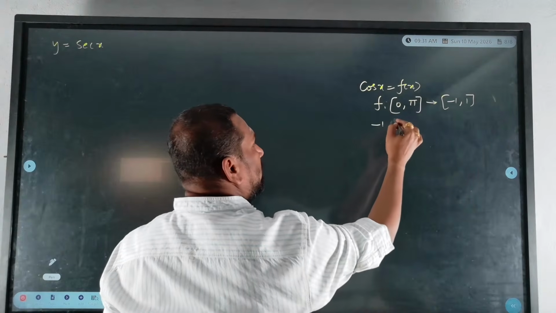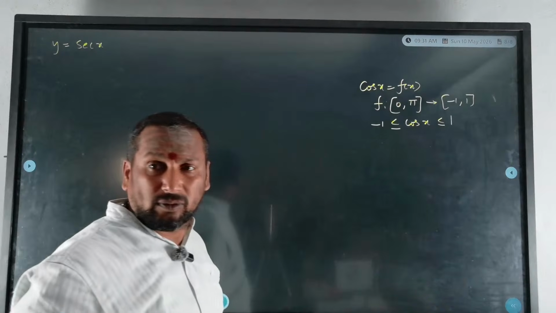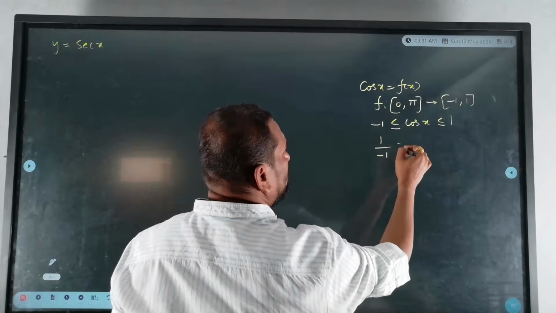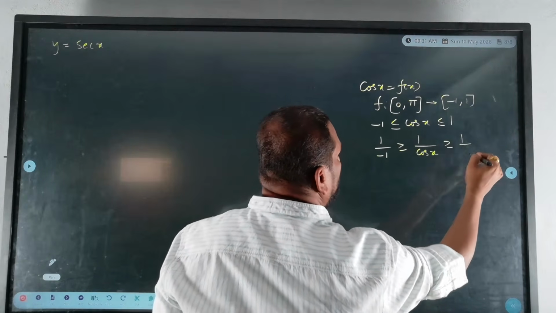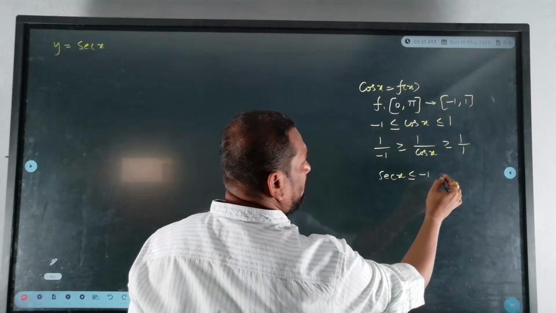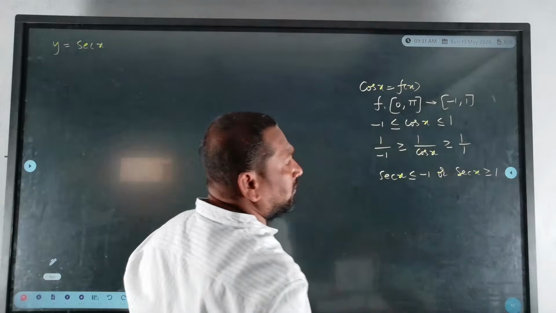That means minus 1 less than or equal to cos x less than or equal to 1. If you take the reciprocal, 1 by minus 1 greater than or equal to 1 by cos x greater than or equal to 1 by 1. So secant x less than or equal to minus 1 or secant x greater than or equal to 1.